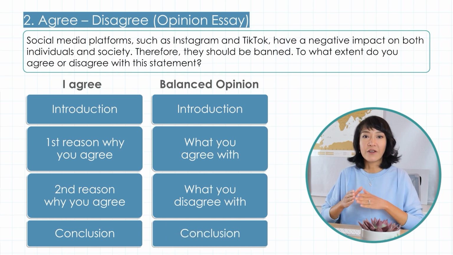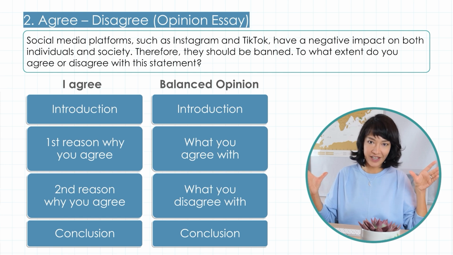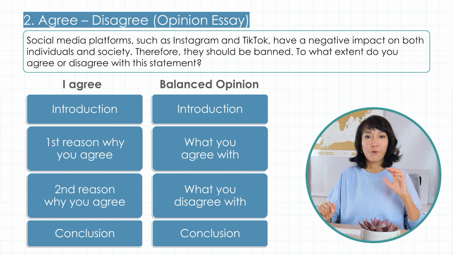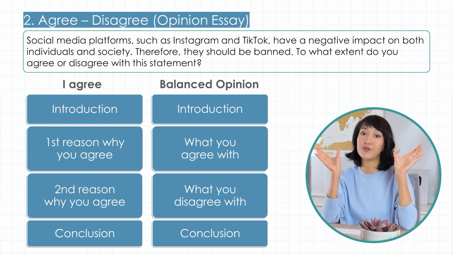You're not saying why you agree and why you disagree with the same statement, because that would make no sense. Rather, which part of the statement you agree with and which part you disagree with. For example, I agree that social media can impact us negatively, but only if used too much.